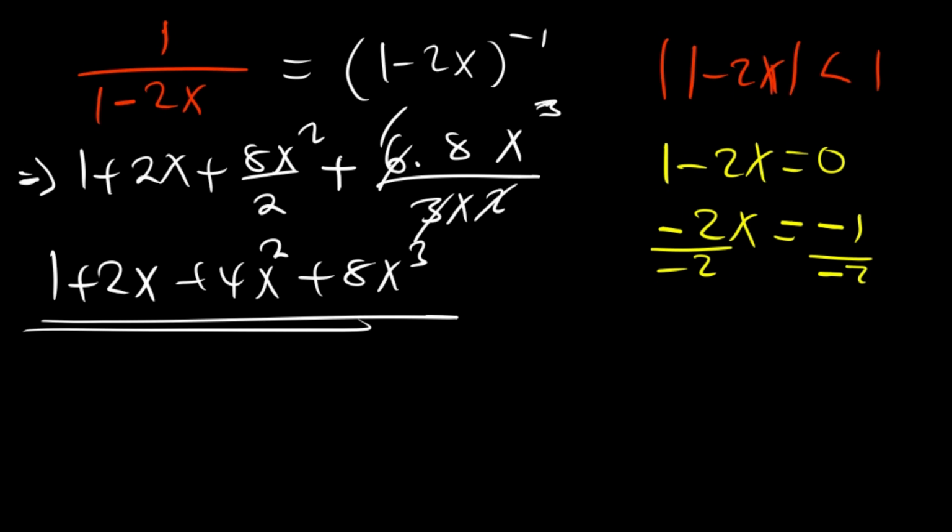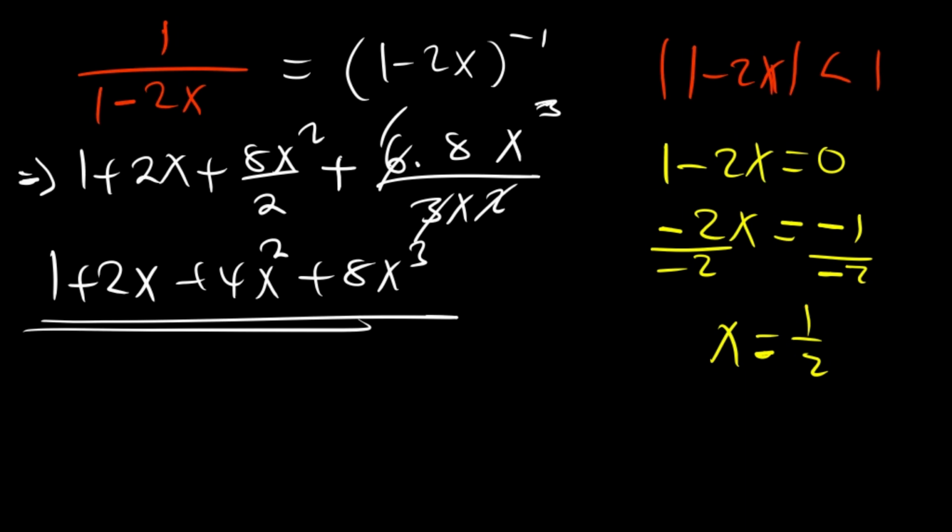So what are we going to do? x is equal to 1 over 2. So what you do here is this. You start this one with a negative part.